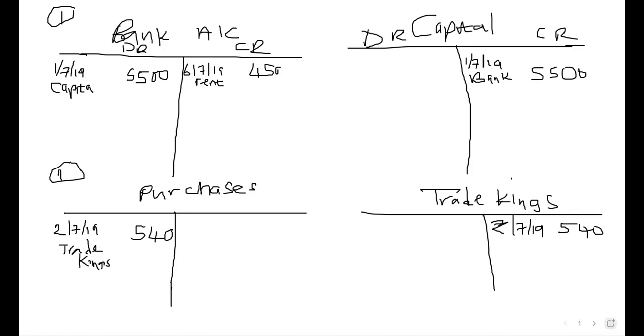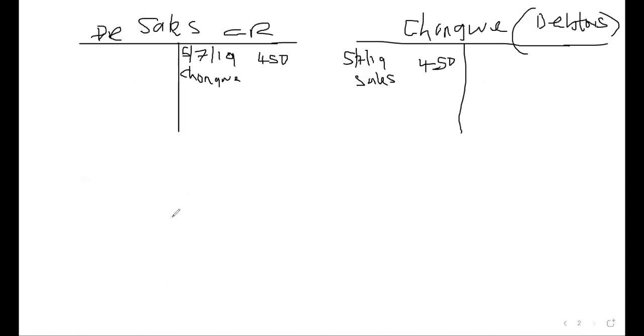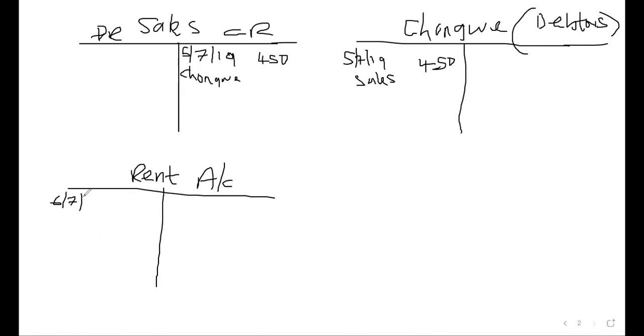So what do we do now? We should open rent account. So our rent account. So here it was on 6, 7, 19, and you put the bank.